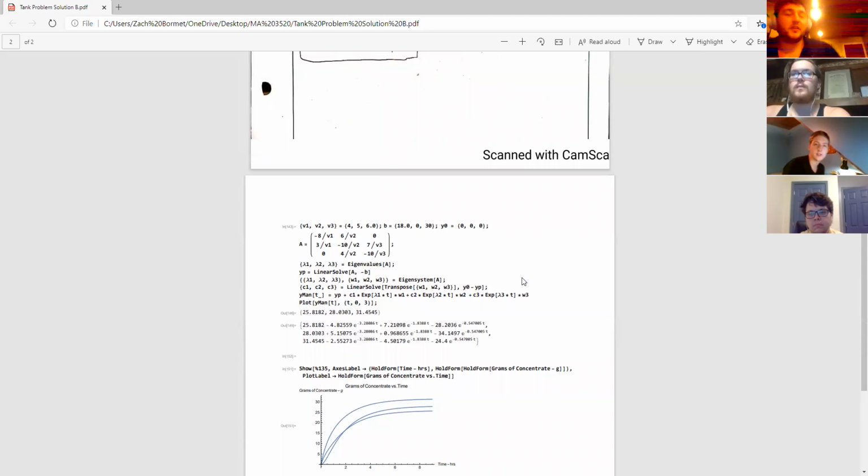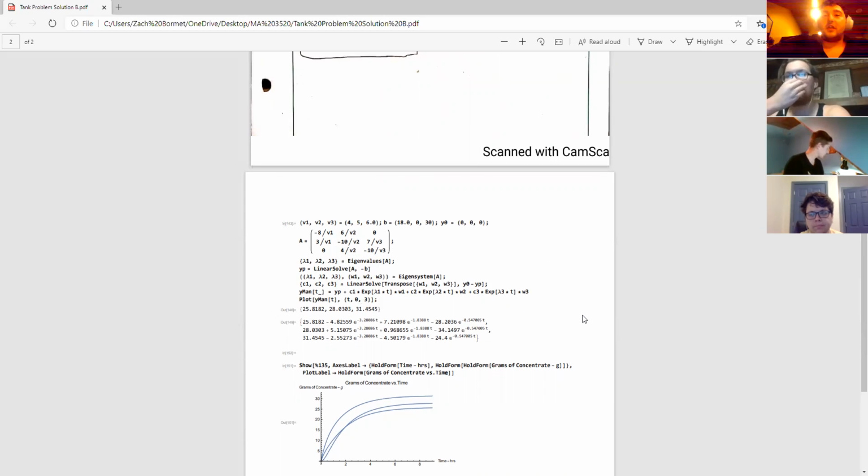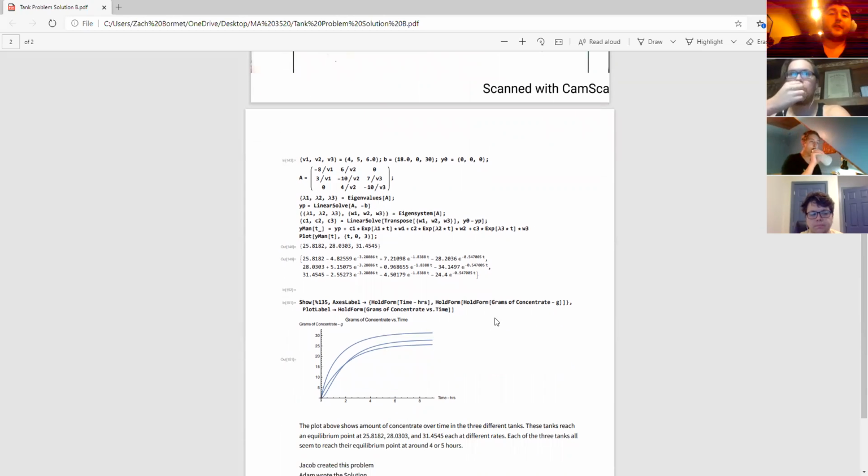And then I went ahead and plugged all of that into Mathematica, and checked his work by doing the exact same thing, getting the eigenvalues, using LinearSolve and such, and then creating a graph that shows time versus the grams of concentrate.